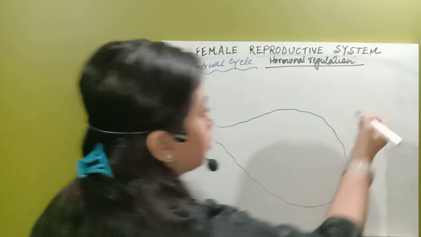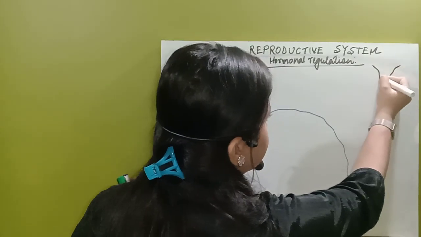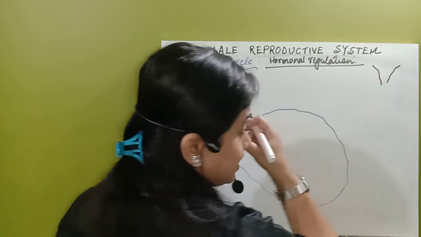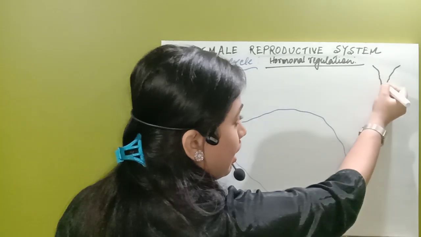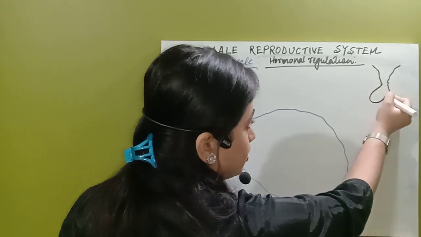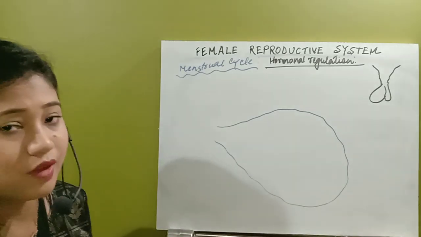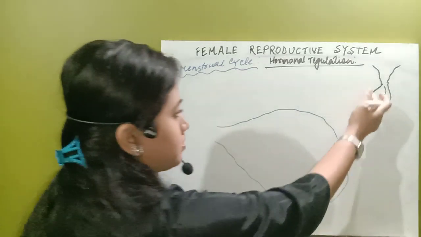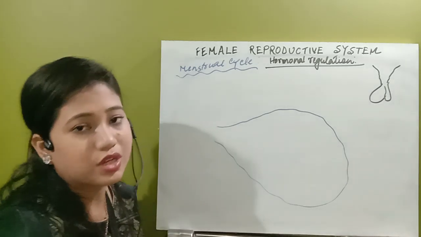Just see here, this is the hypothalamus and this is the pituitary gland. The pituitary gland has two parts: this is the anterior pituitary and this is the posterior pituitary.